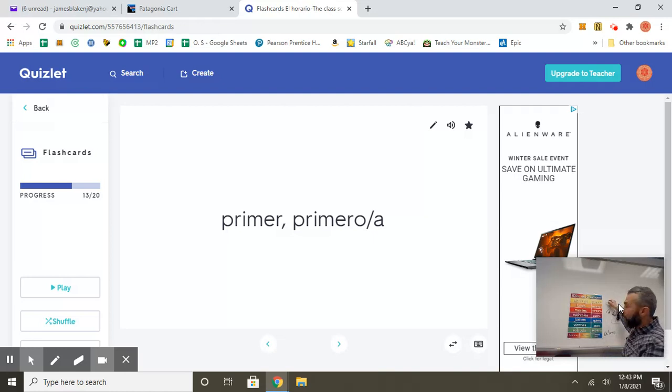So, primero ends in an O, just like the colors I taught you, right? If colors are ending in an O, for them to agree with the noun that they're describing, you can simply change it to the A. So that can go with all of these. So back to this. So primero, primera, in this case, we'll be using primera.